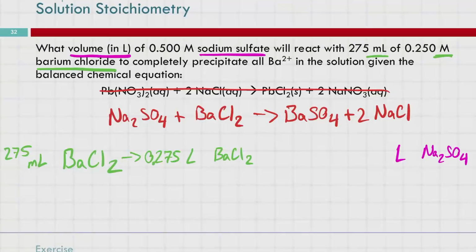Moles. We need moles. Moles is the unit that we have to use for a balanced chemical equation. So we have to convert from liters to moles. We'll get to moles of BaCl2, and then we can get to moles of Na2SO4, and then we can convert to liters of sodium sulfate at the end.